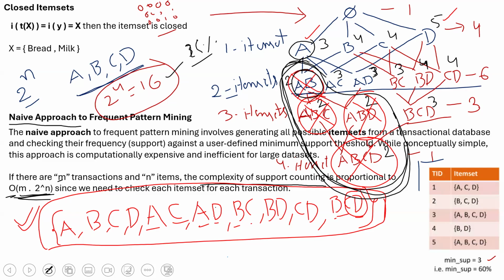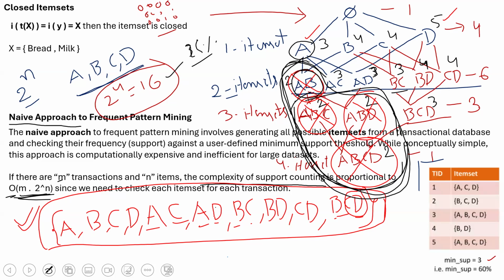If you stop that, you will save generating infrequent item sets that you are already aware of. If I know AB is infrequent, I'll stop generating the item sets coming out of AB. I'll directly go to BC. That way I'll save the iteration time related to these item sets, and also the candidate generation time for those item sets.